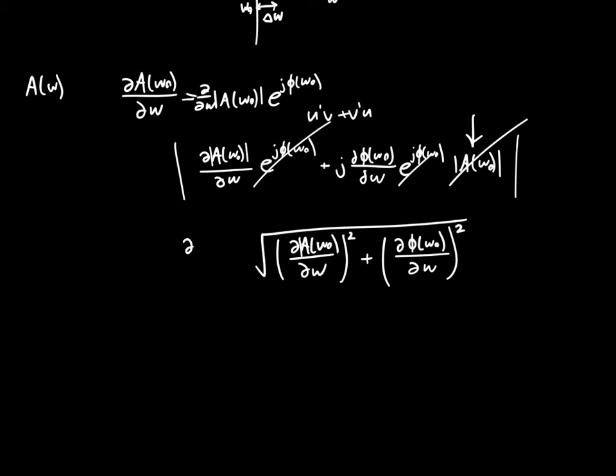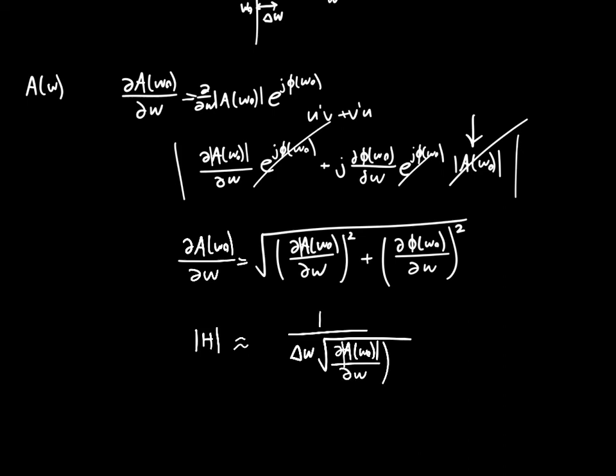This is dA d omega. And if we're interested in the overall transfer function H, or approximate H, it's just 1 over delta omega times the square root of the magnitude derivative at omega naught squared plus the phase derivative squared.